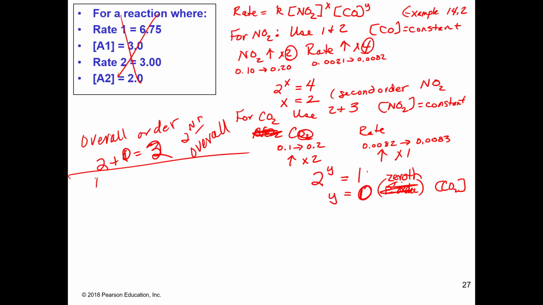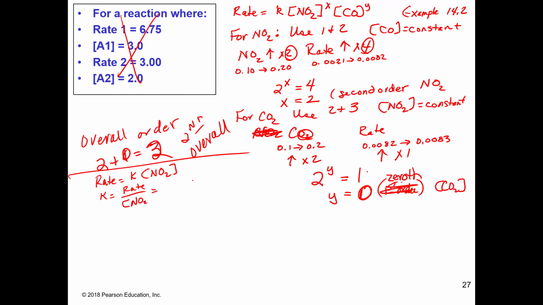The rate is going to be equal to k times [NO2]. That's the only thing that's going to mess with it. So k equals the rate divided by [NO2].